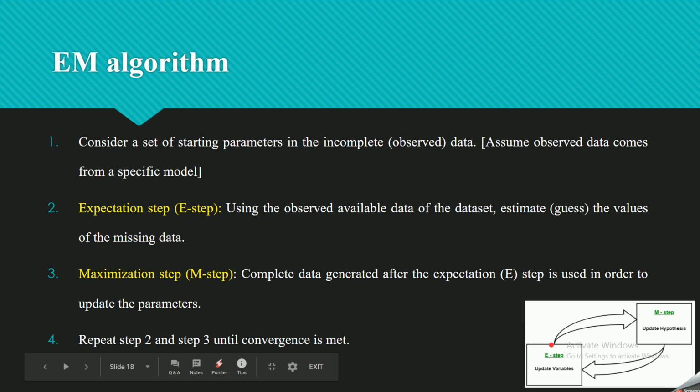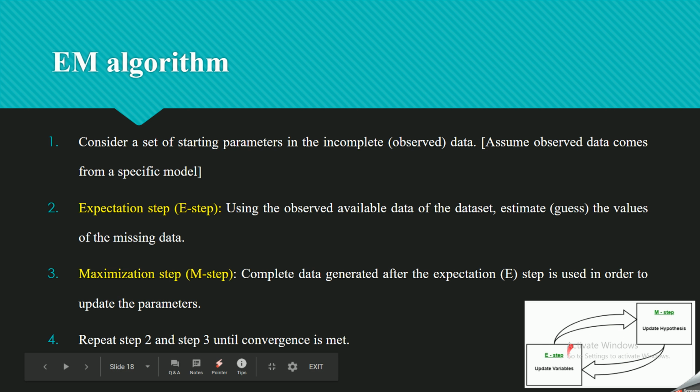So basically what is done over here is we will be performing step number 2 and 3 until the convergence is met. That means which missing data we were looking for, that missing data is obtained. Once convergence is met, then only we terminate out from the expectation maximization algorithm.